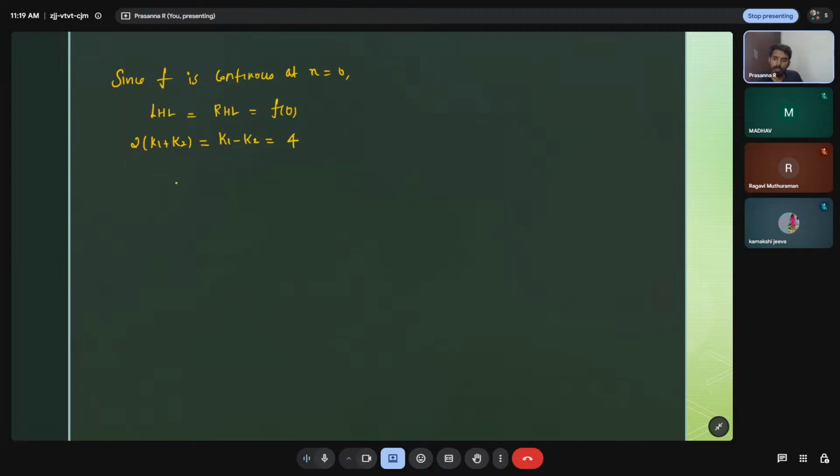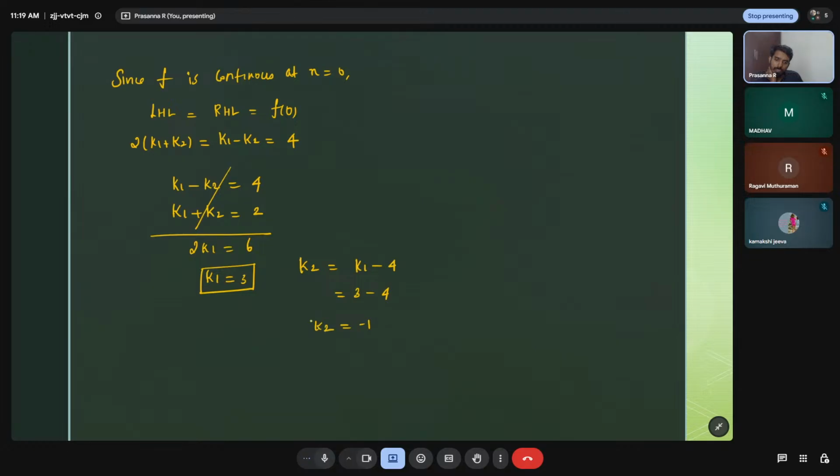Now solve for k1 and k2. So we have k1 minus k2 is 4 and k1 plus k2 is 2. So 2k1 is 6, k1 is 3. If k1 is 3, k2 is k1 minus 4, so minus 1 is your k2.